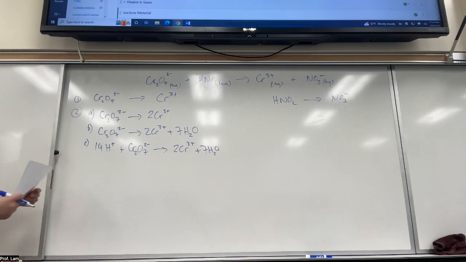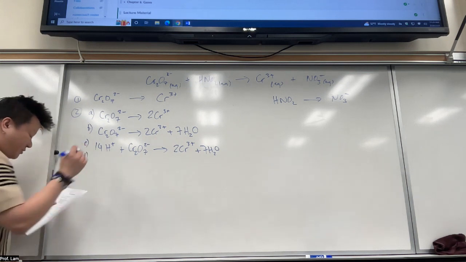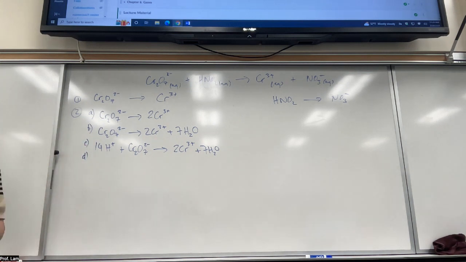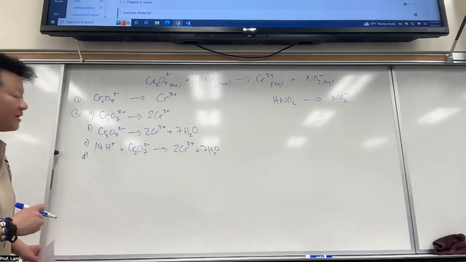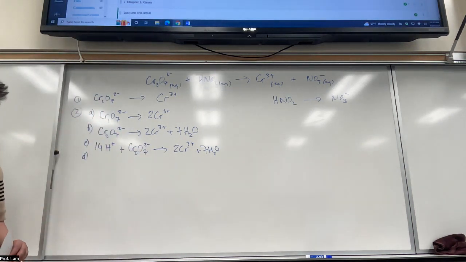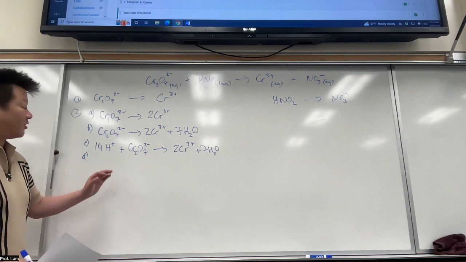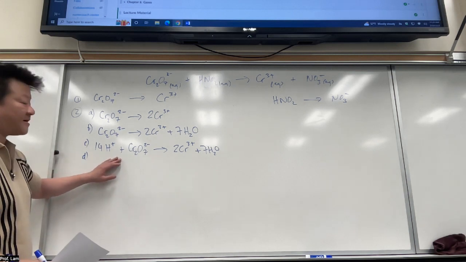So once I get done with that, I go to 2D. Now you balance the charge by adding electrons. Electrons are what charge, everybody? Negative. So you can only add negative. First, you have to count the charge on each side. What is the net charge on the left side?